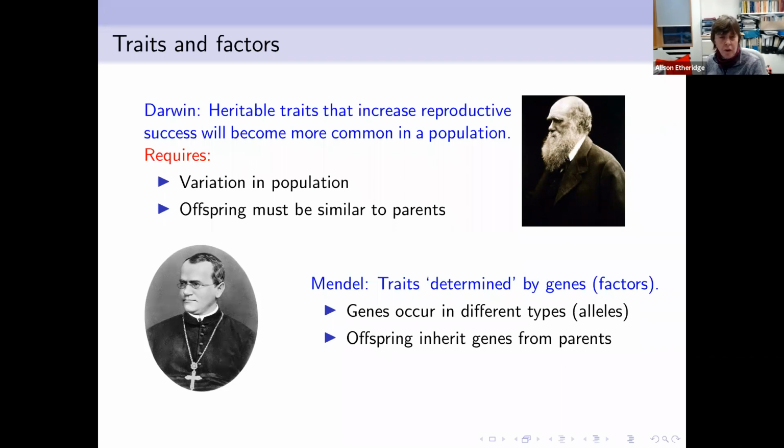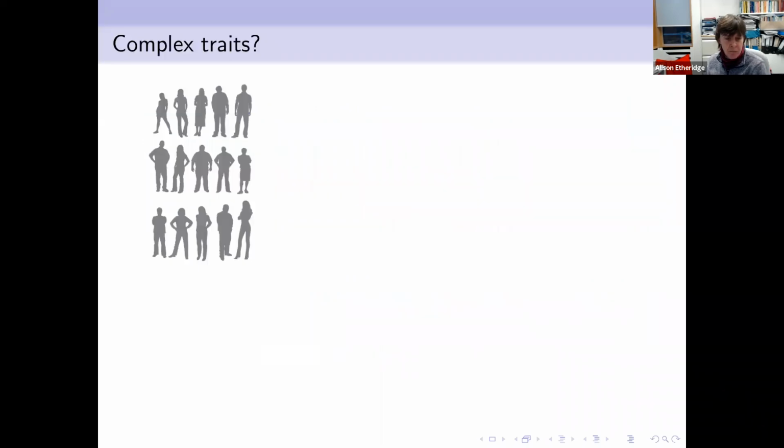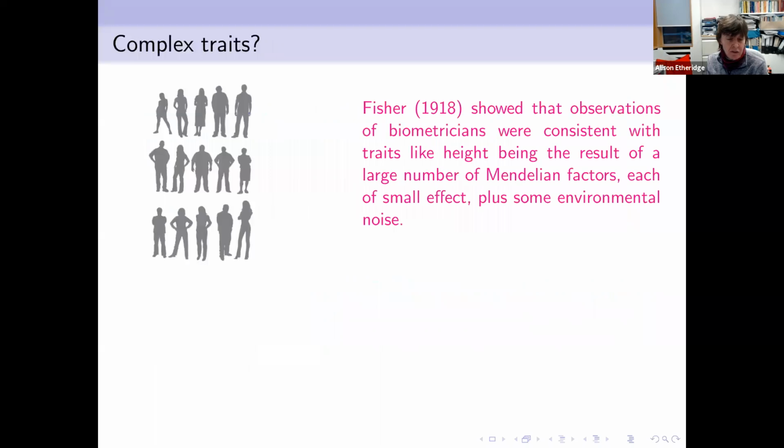Whereas Darwin focused much more on how natural selection acting on very small changes could accumulate over time to produce a very big change. But the two theories were united, and in particular, they had to be united by showing how we could understand complex traits like height and weight in terms of Mendelian factors.